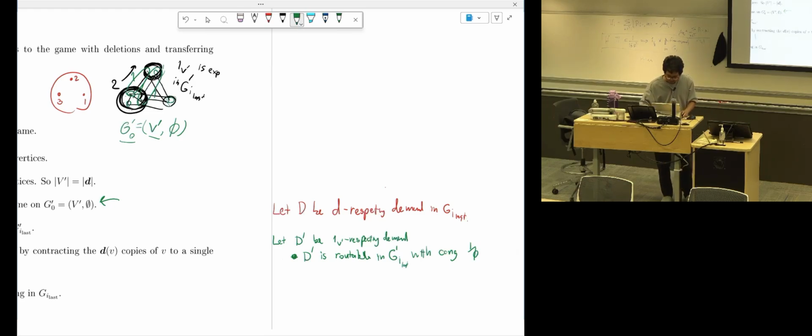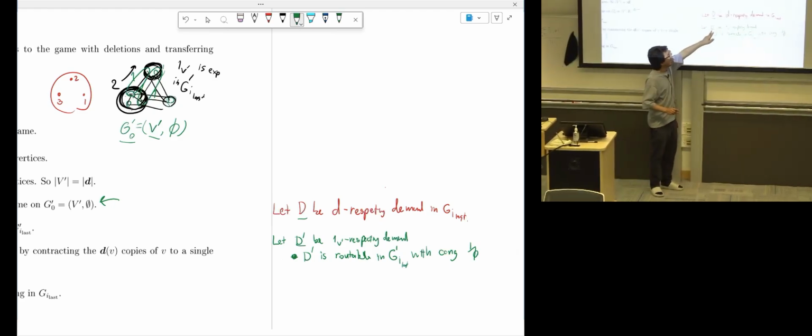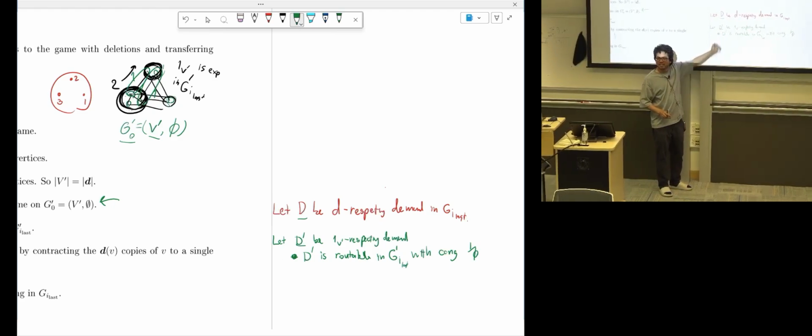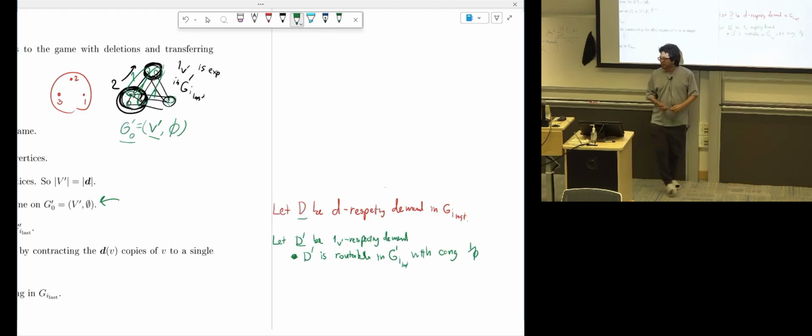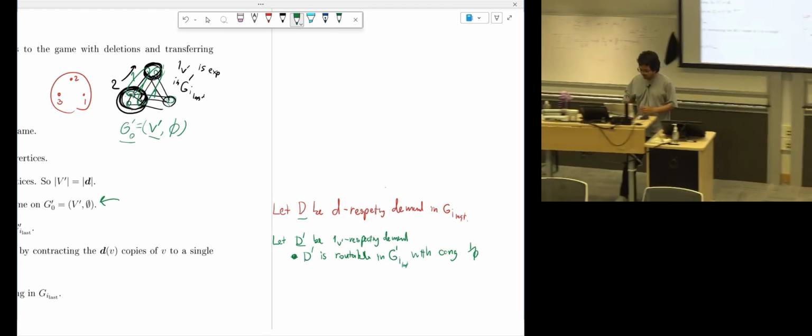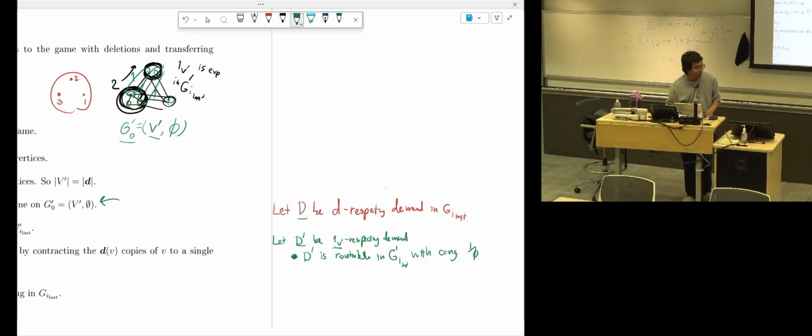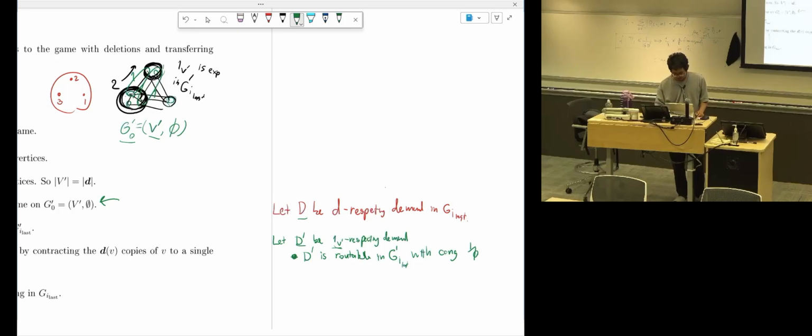You see what I mean? Given D, you can define a corresponding D prime that is 1_V prime respecting. And this is routable with congestion 1/phi in G prime I last.